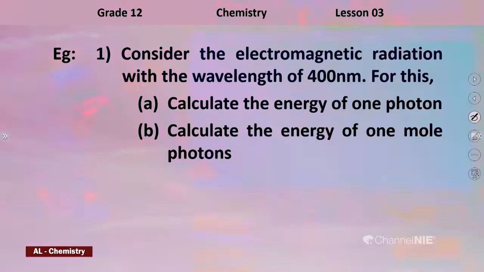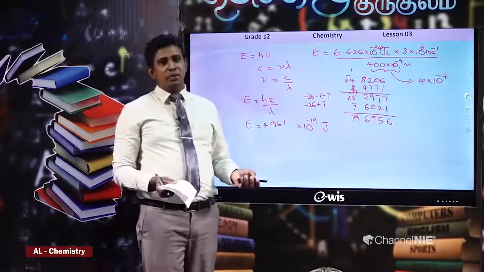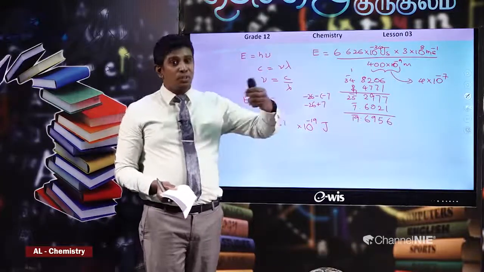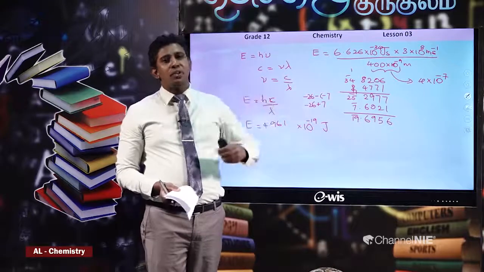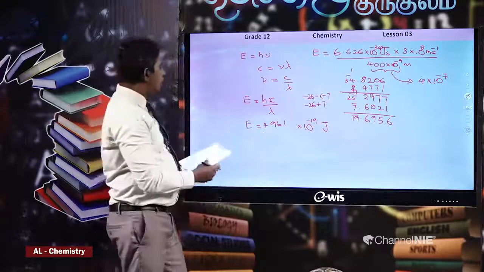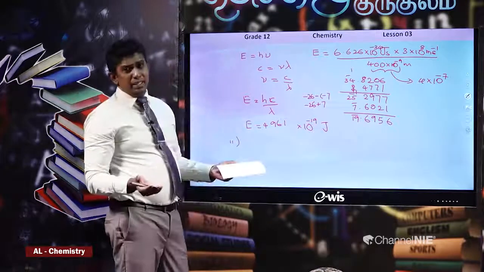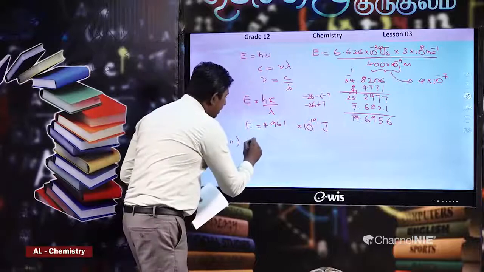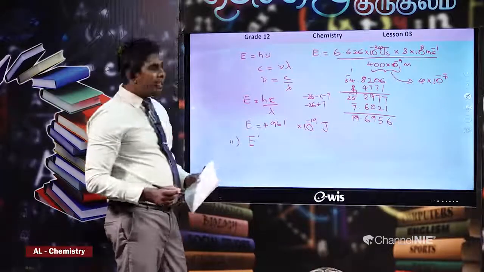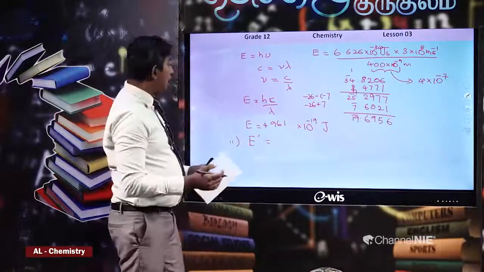So, 1 mole of photons, 1 mole means you have that Avogadro number. So that number of photons, not protons, photons, you need to find out here. This stands for 1 photon. Then for part 2, when you find out the energy, let's denote it by E dash, the energy standing for that number of photons.